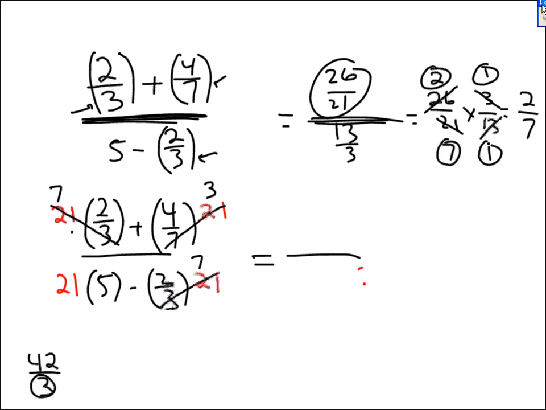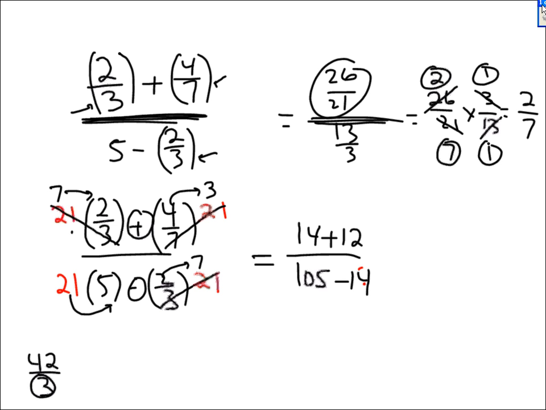The numerator is simply 7 times 2, which is 14, no denominator, plus 4 times 3 is 12, no denominators. In the bottom, 21 times 5 is 105, minus 2 times 7, which is 14. There are no denominators. The top is 26, and the bottom is going to be 91.